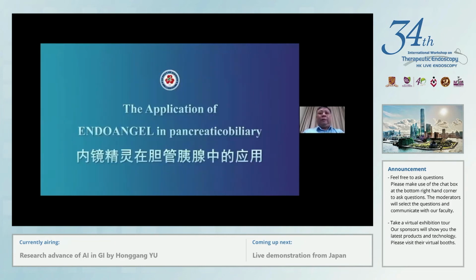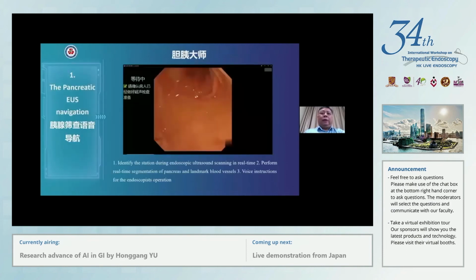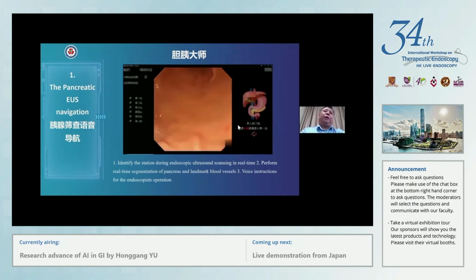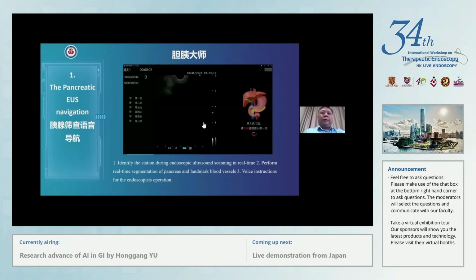The third thing I would like to introduce is the application of Angel in the pancreatic biliary tract. You can see the first one is the 6 stations scanning of the pancreas, with Chinese voice instruction.